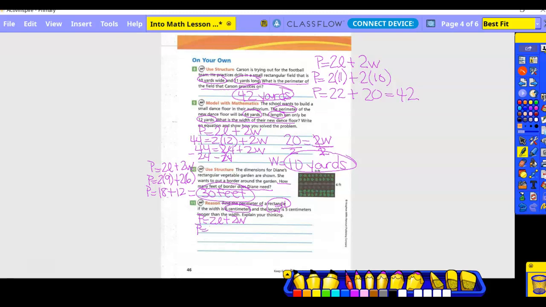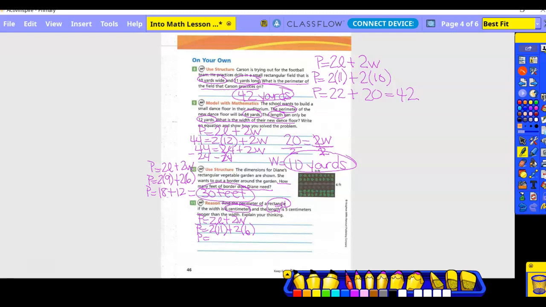So P equals 2. What is my length? What did we just decide our length was? 11, plus 2 times what is our width? 6. Okay, and then we need to figure out what those are.